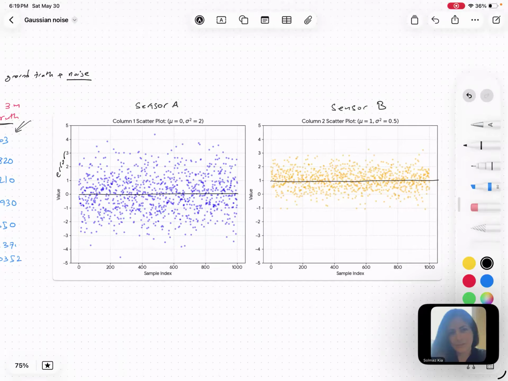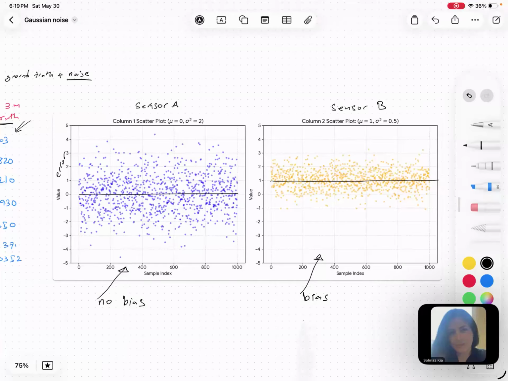So when we make an observation like this, we can deduce that on average, sensor A has no bias, but sensor B has a systematic bias. It always seems to have an average bias of 1. And then on top of it, we also have an error that is plus or minus.